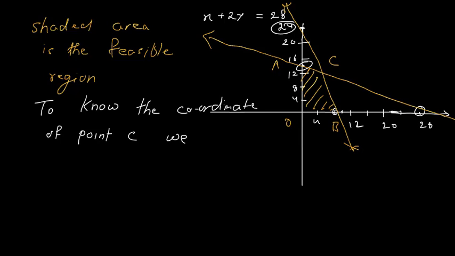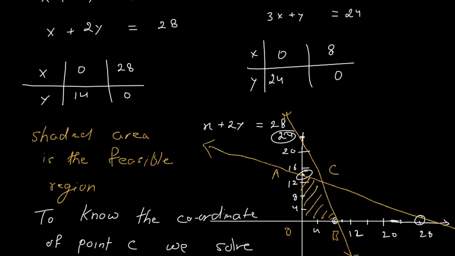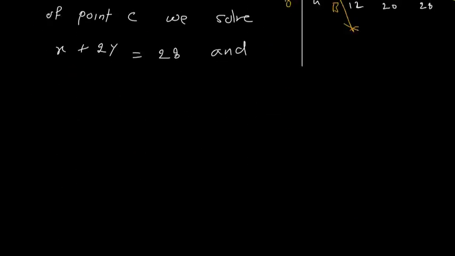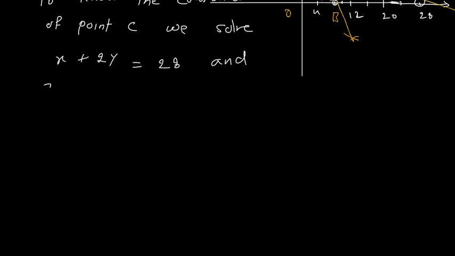We solve x plus 2y is equal to 28 and 3x plus y is equal to 24. In the last section we have done this.